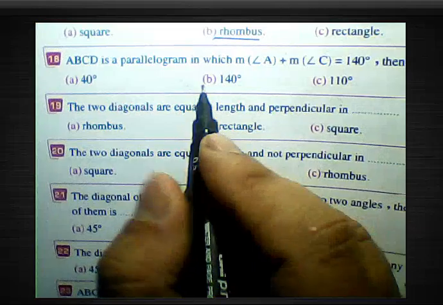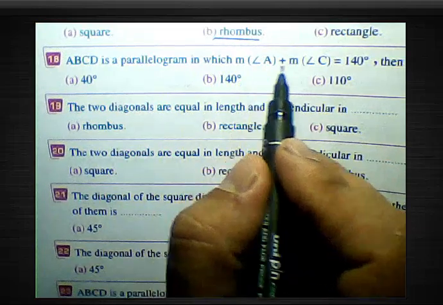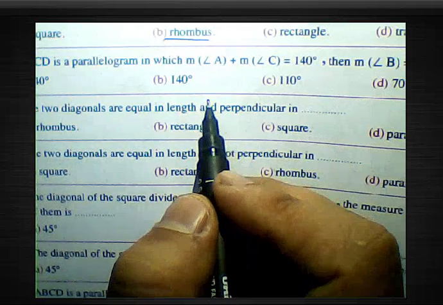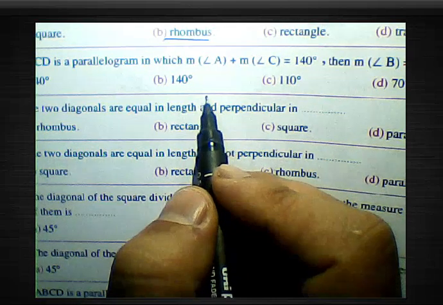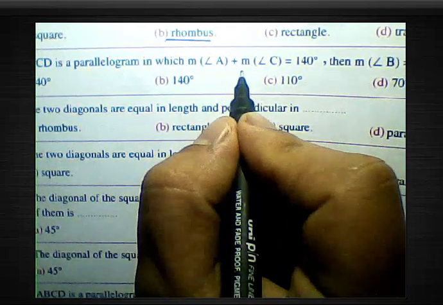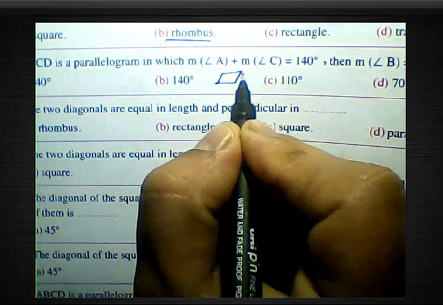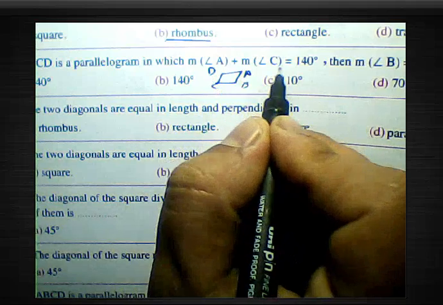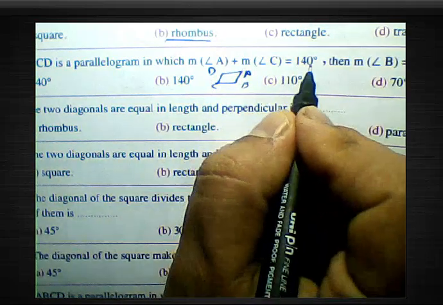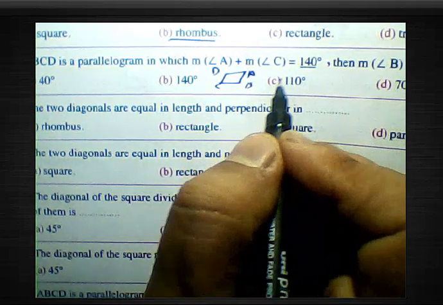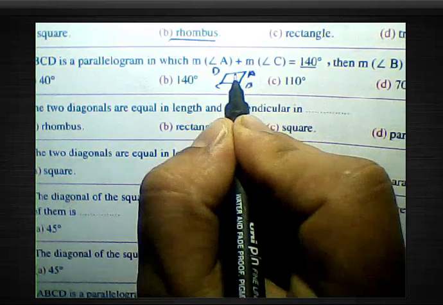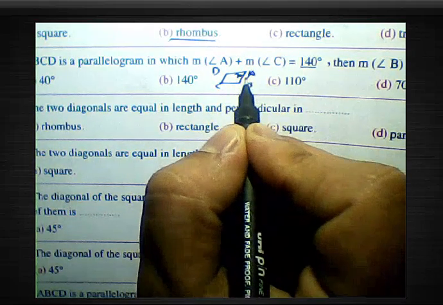ABCD is a parallelogram in which the measure of angle A plus the measure of angle C equals 140. Then the measure of angle B will equal what? The measure of angles A and C equals 140. You can divide it by 2 because opposite angles are equal in measure. 140 divided by 2 equals 70, so the measure of angle A equals 70.